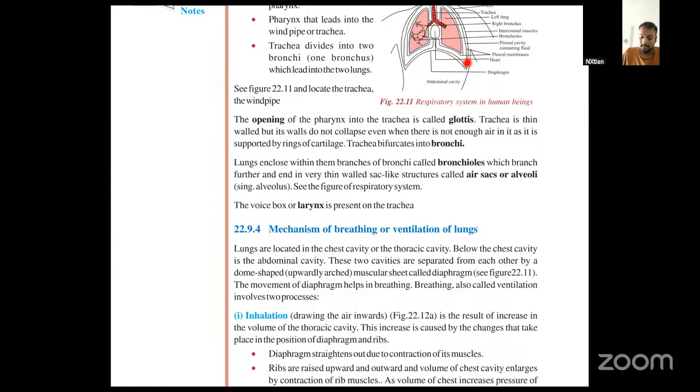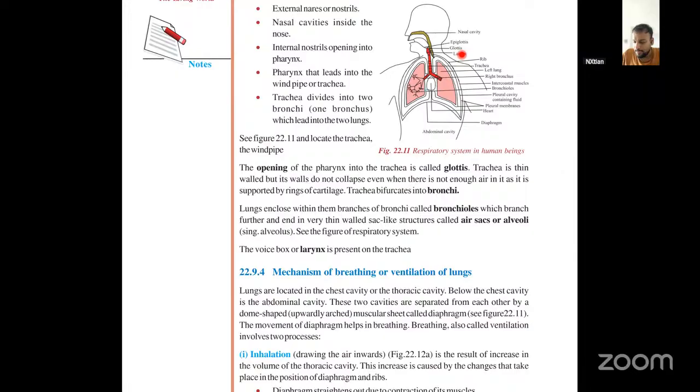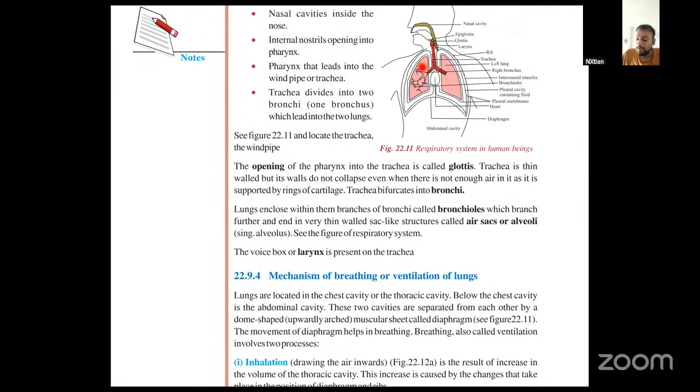You can see here there are lungs, and the maximum air can come in. When you are breathing in, it becomes a dome shape, and when you're exhaling it becomes flattened so that the maximum air can go out. So basically, this is how the diaphragm works, and you should know this.